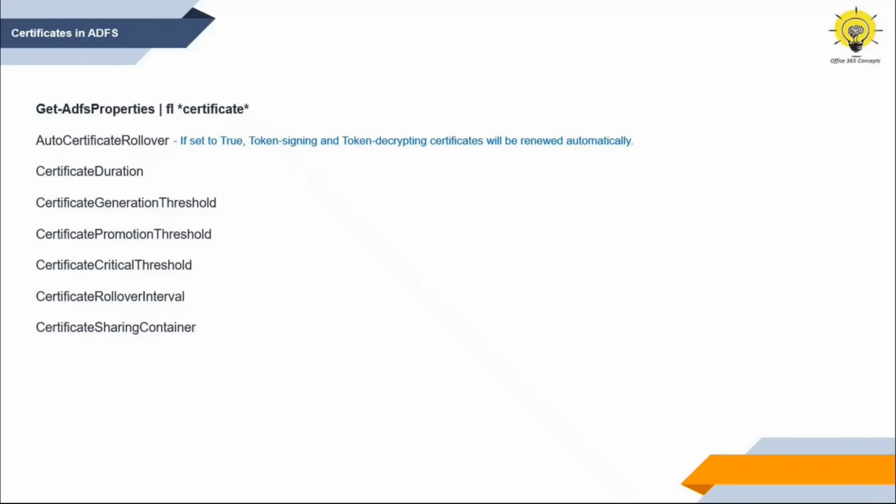The next property is CertificateDuration. Certificate duration defines the validity of the certificate. By default, this value is set to 365 days, that is 1 year. If you want to change this value, you can run Set-AdfsProperties -CertificateDuration, and you can increase the validity of the certificate.